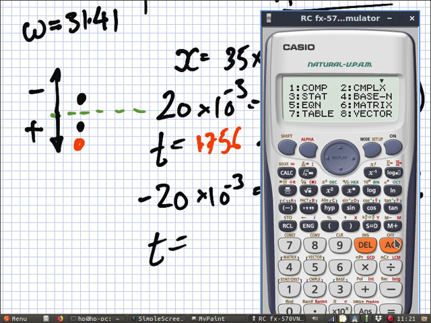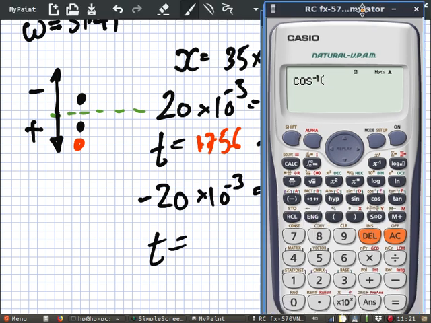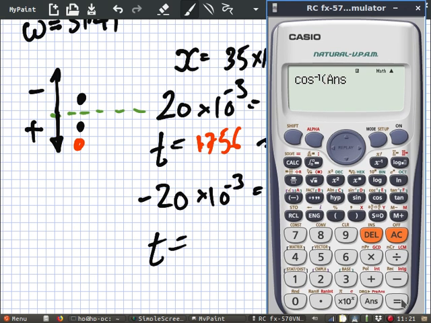Mode, look guys, look. Shift, mode, radians. Not 1.756.